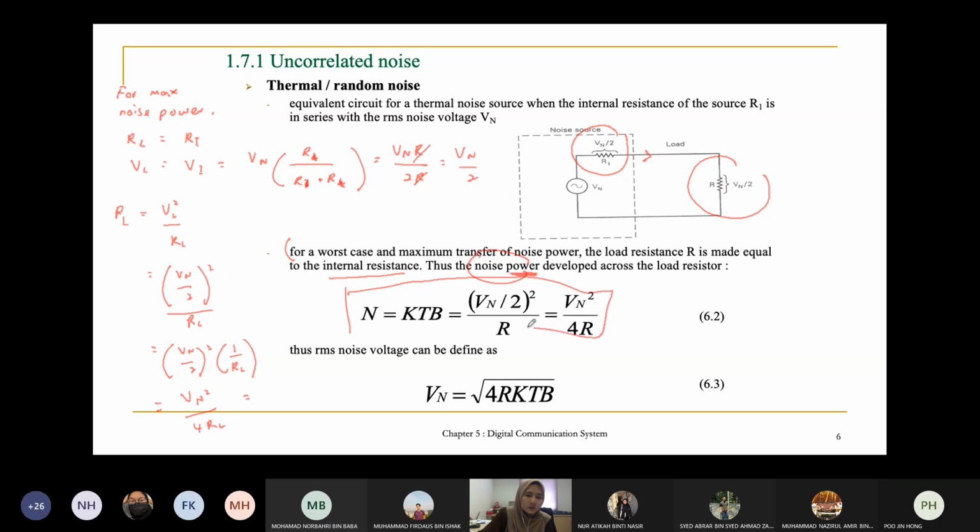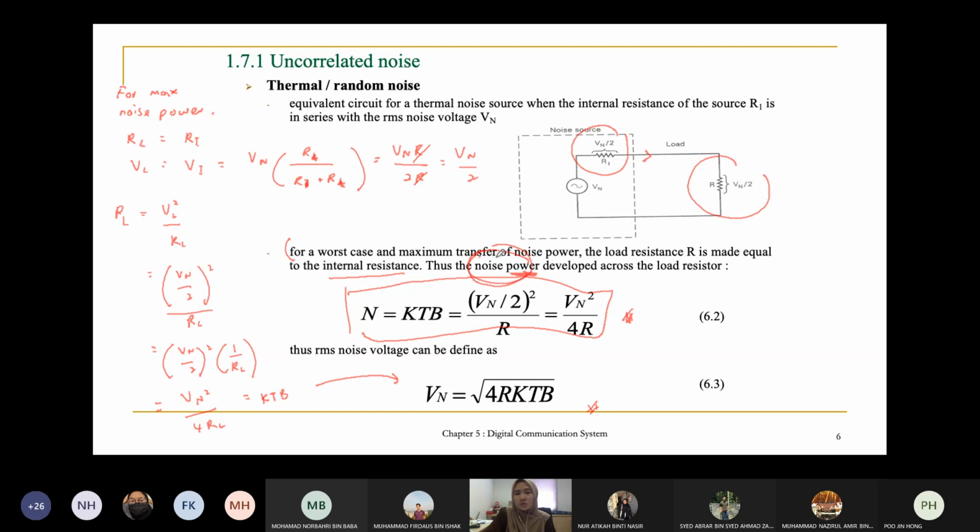You can see that over here, this is equal to this formula. Vn squared over 4RL is equal to KTB. From this, you can calculate for Vn. You will get Vn is equal to the square root of 4RKTB. So this is how to derive N is equal to Vn squared over 4R, where N is the noise power.